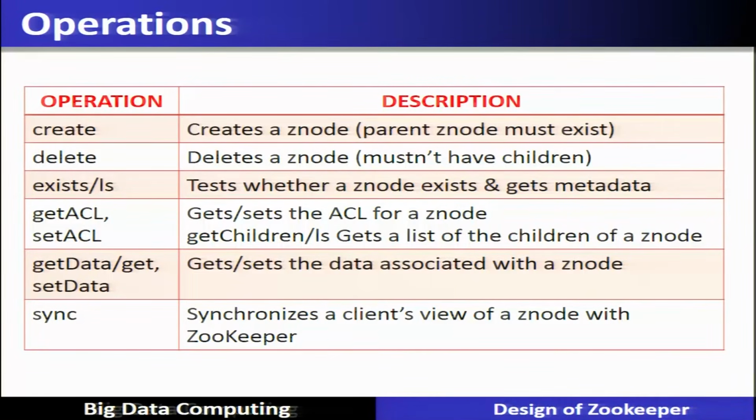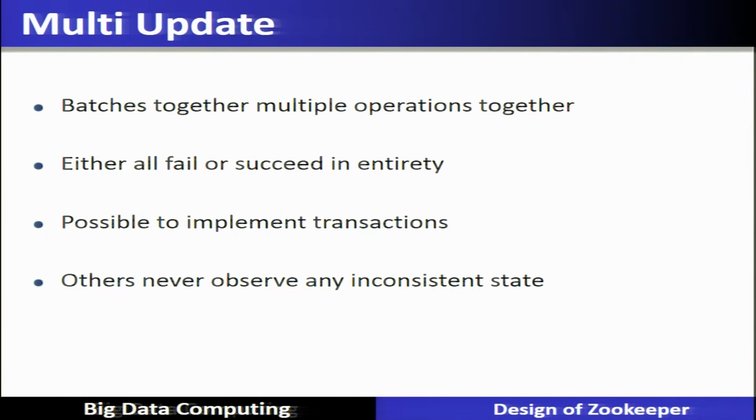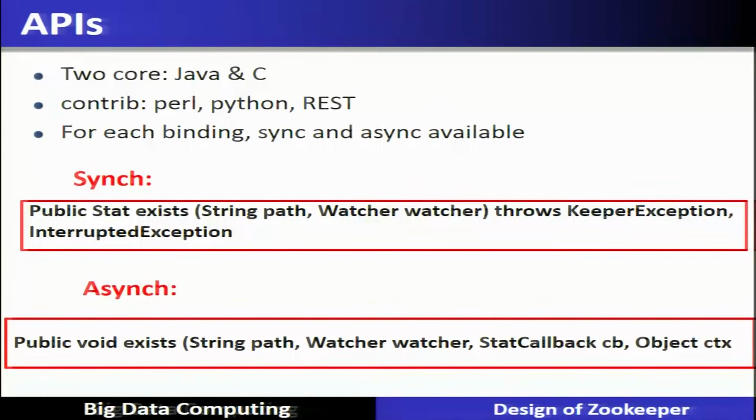We will not go into more detail; we have just shown you the type of commands supported by Zookeeper, which are very simple. Now, multi-updates batch together multiple operations, so that either all or none is done in its entirety, making it possible to implement transactions, and others will never observe any inconsistent state.